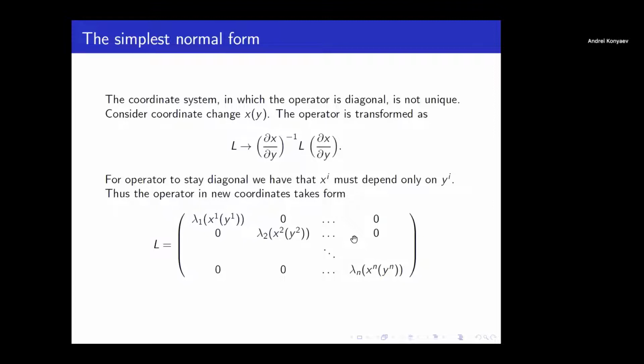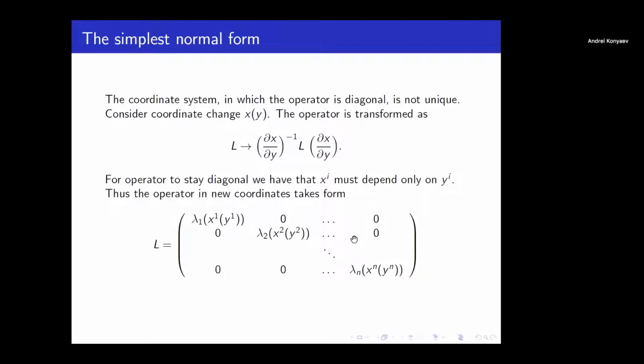We know that an operator is transformed as written in the first formula on the slide. You multiply by dx over dy, which stands for the Jacobian matrix, basically an n times n matrix consisting of partial derivatives of x by y. So it is transformed like this, multiplied by the inverse of the matrix and then the matrix on the other side.